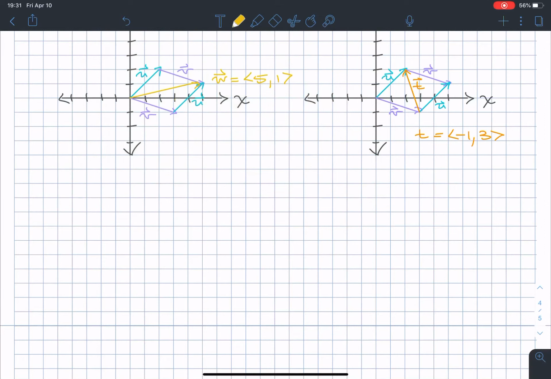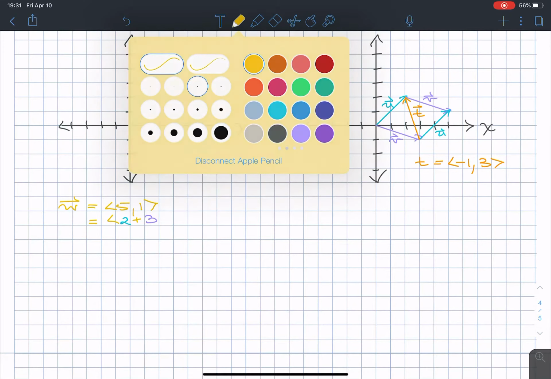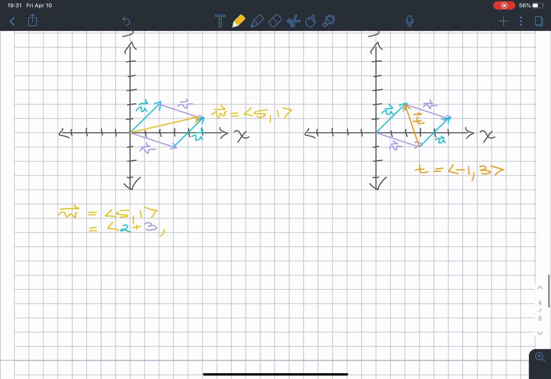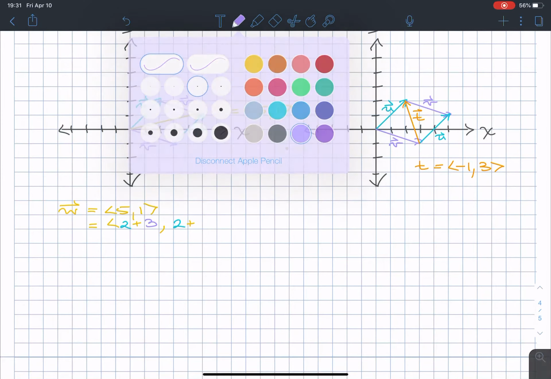Okay, so let's look at W. So W is 5, comma 1. So I claim that 5 can be thought of as 2 plus 3. And I claim that 1 can be thought of as 2 plus a negative 1.